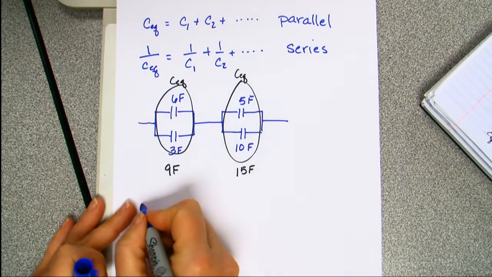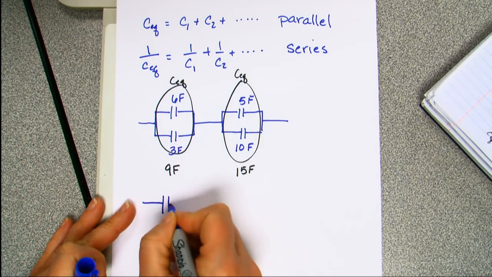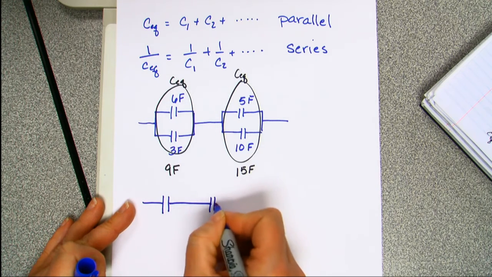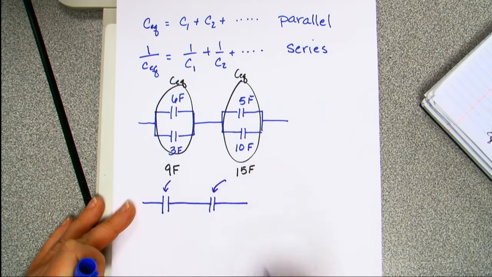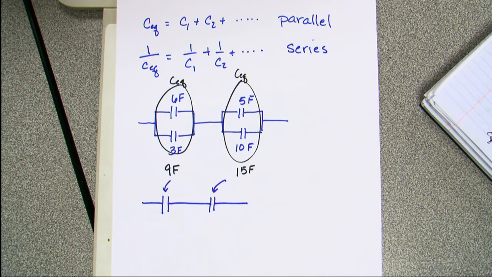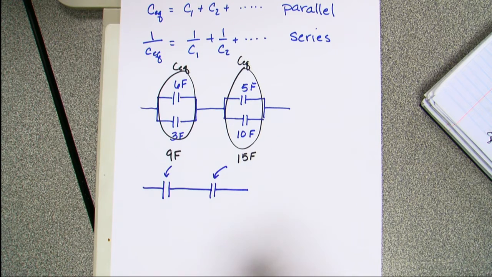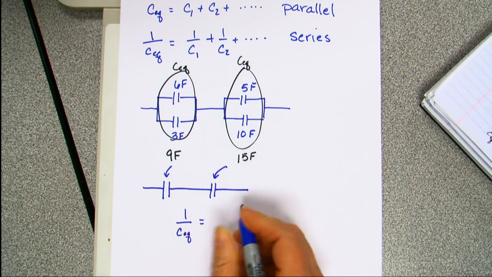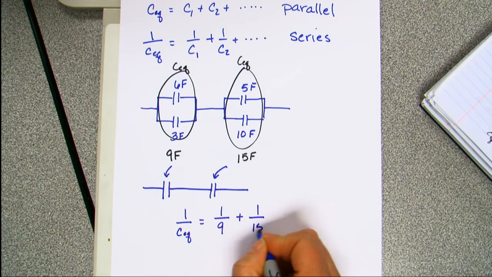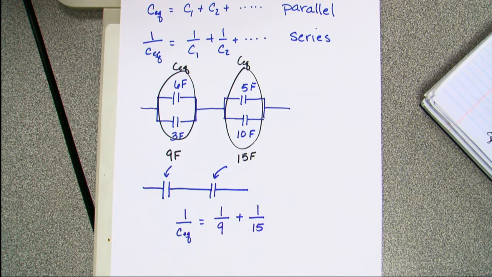I redraw my circuit, and now this one is 9 farads, this one's 15 farads. Now I can do the calculation for the other. So 1 over CEQ is equal to 1 over 9 plus 1 over 15. I can do it a couple of ways.